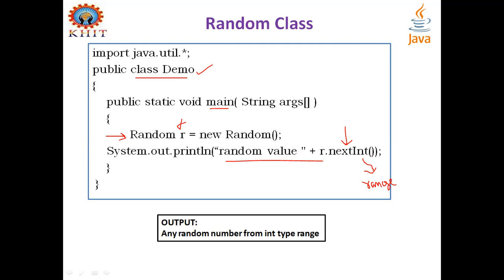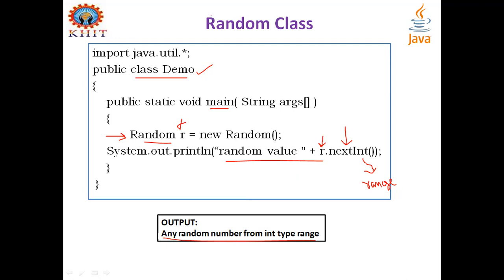It has a wide range of number generation. Among them, one random number is automatically generated and extracted from this range by this Random object. So what is the output? Any random number from the int type range, right? I will show you this practically.